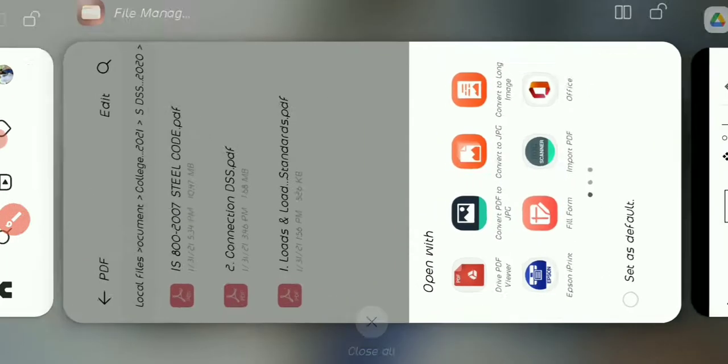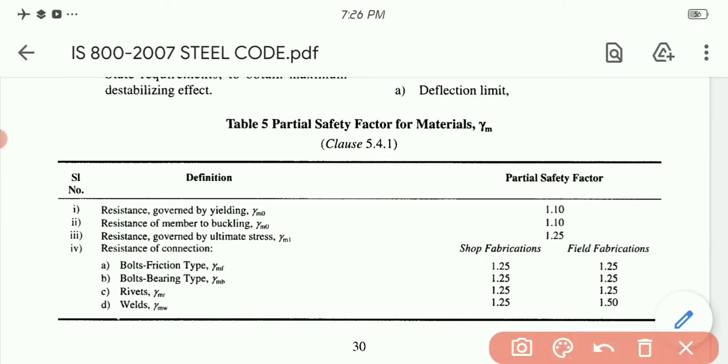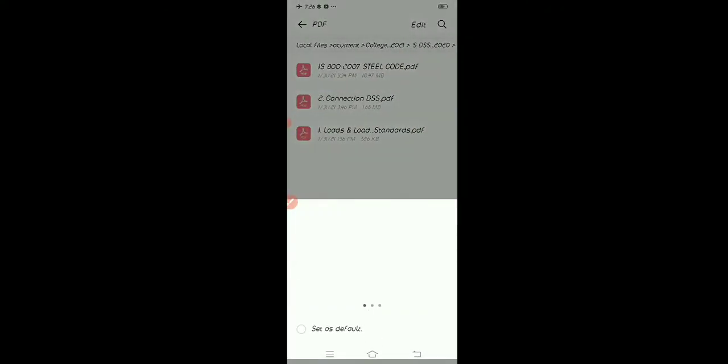Let me show you, page number 30, Table number 5. Over here we can see gamma m0, first one, resistance governed by yielding, that is 1.10.